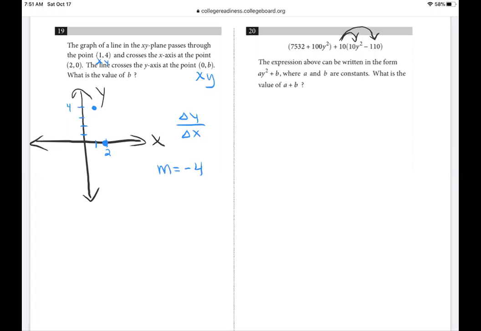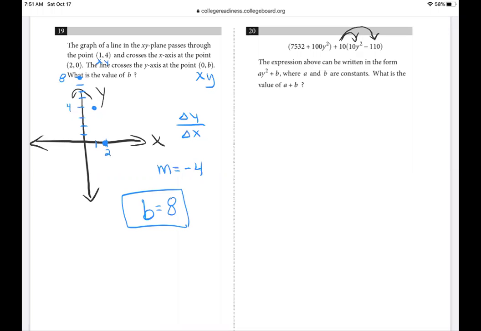If you continue in the opposite direction, I would move up 1, 2, 3, 4, and to the left 1, and that would take me to (0, 8). So a y-intercept of 8, or a b-value of 8. And since this is the grid-in non-multiple choice, you would just put 8 on your answer page.